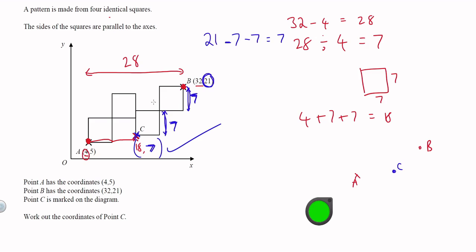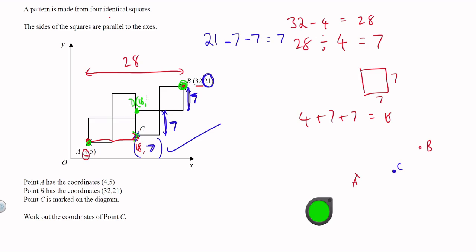If I was asked to work out this coordinate here, the D, I know that's 18 along the corridor, same as the C. Don't assume for one moment that along the Y direction, this one is in between this and this. Just because it looks like it in the diagram, don't assume it.